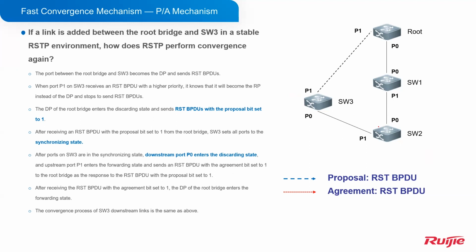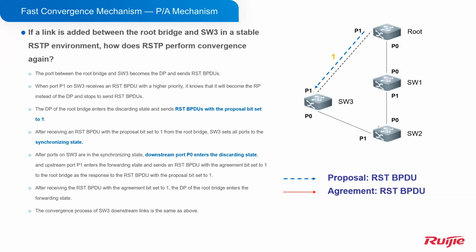When the port P1 on SW3 receives the RSTP BPDU with a higher priority, it knows that it will become the RP instead of DP and stops sending the RSTP BPDU. The DP of the root bridge enters the discarding state and sends RSTP BPDUs with the proposal bit set to 1. You can see.